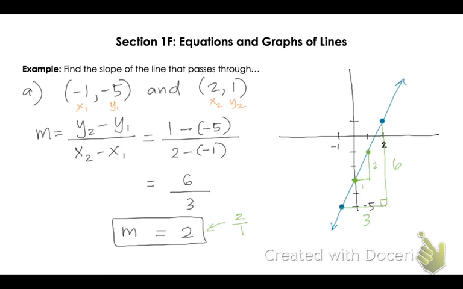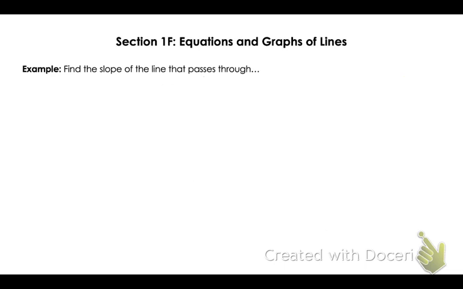But that 2 to 1 works even if I go from this point at 1, -1 up to 2, 1. A rise of 2, a run of 1. So that's a constant throughout this whole line. Sometimes the numbers are bigger, sometimes smaller, but always the ratio is equal to 2 for this line. Okay, so let's do another one.